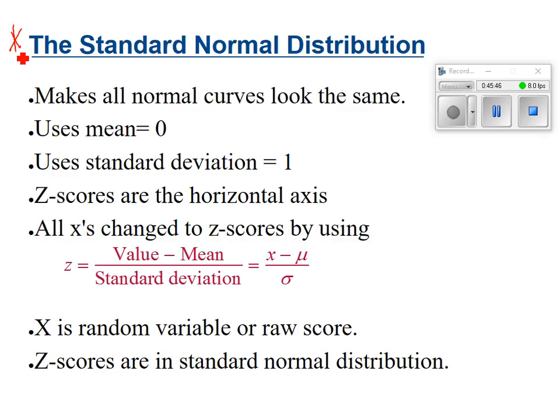Instead of our normal curve looking like this and having 675 right here in the middle, now this middle is always going to be 0. This might be a good idea. I can't remember if on the next slide I have this or not, but your standard normal distribution is always going to look like this.